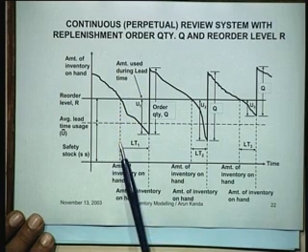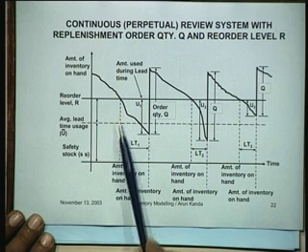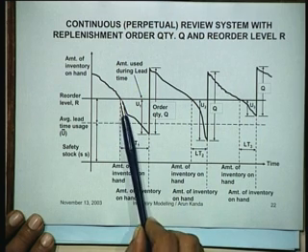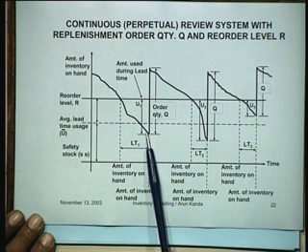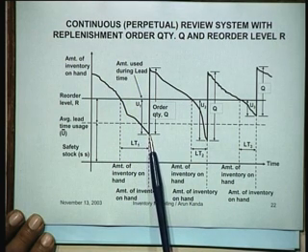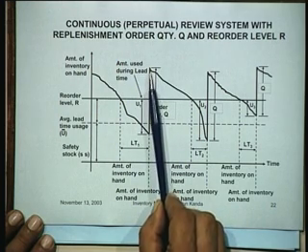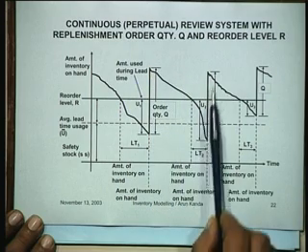You placed an order at this point of time, and your order actually materializes after this much time. In the meantime your inventory stock is coming down, and then ultimately you receive the order, the stock level rises to this level and the next cycle repeats itself.